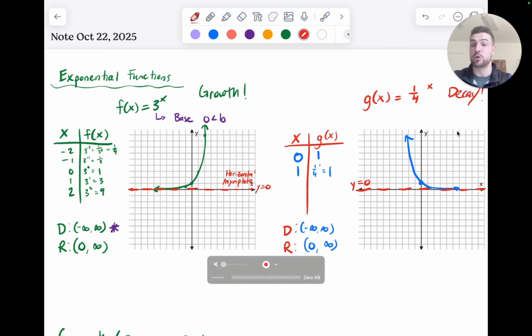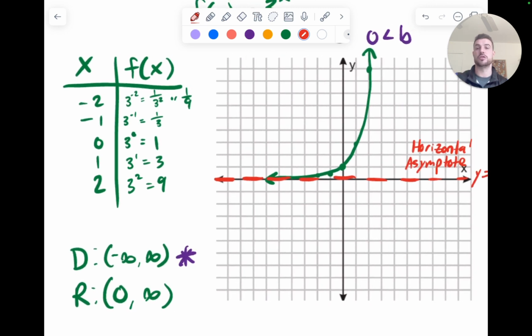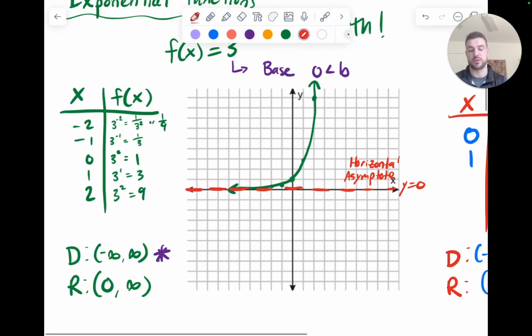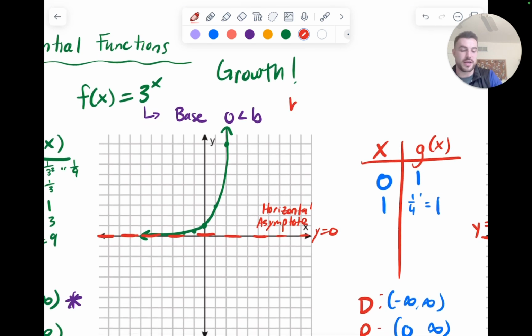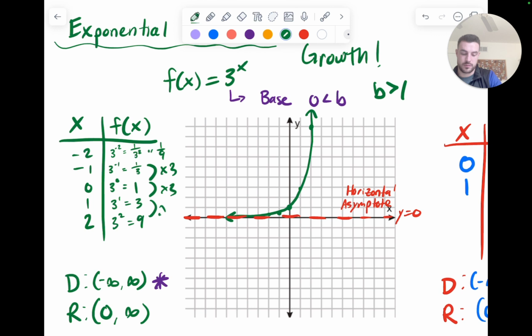What makes it growth is, as you can see, as our x values get larger, so do our y values. The reason is that our base value, in this example, is greater than 1. What that means is our values should be multiplying by a value greater than 1. In this case, it's 3.